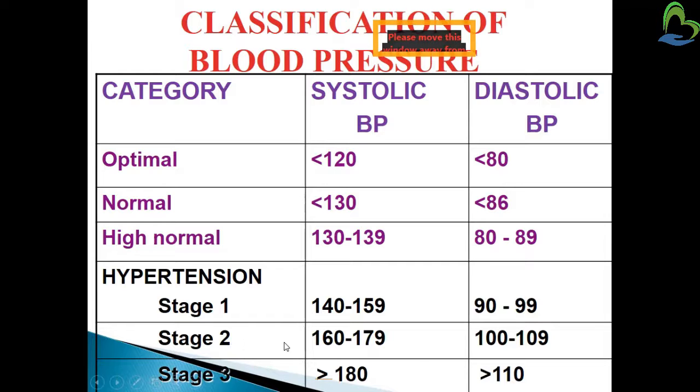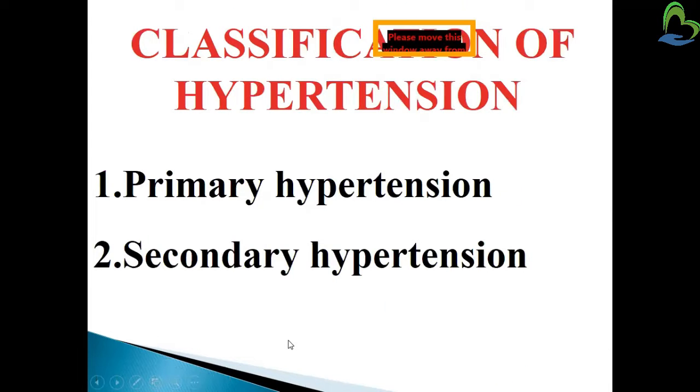In stage 2, the range is 160 to 179, and diastolic is 100 to 109. In the last, stage 3, it is more than 180, or diastolic is more than 110. So this is a categorization, and we can know the various stages at which the patient is suffering from hypertension.